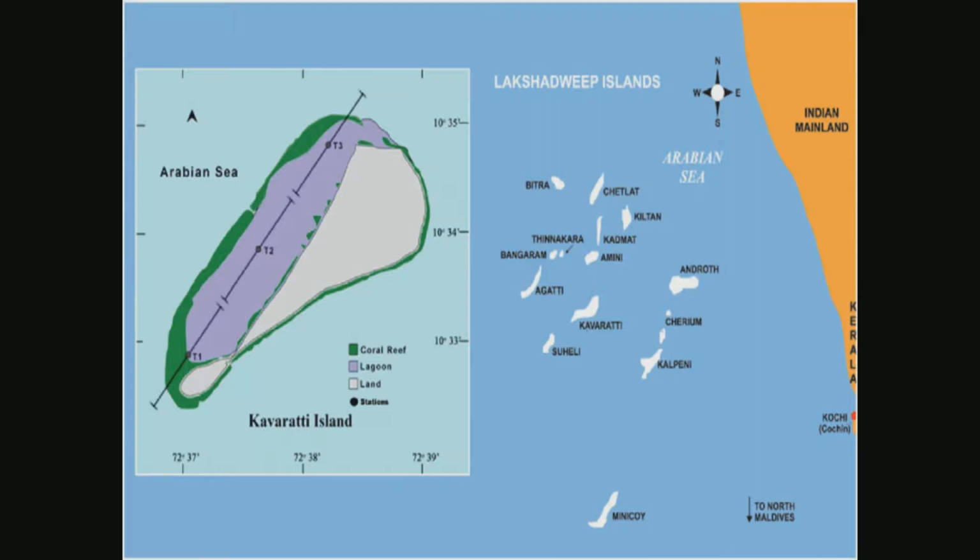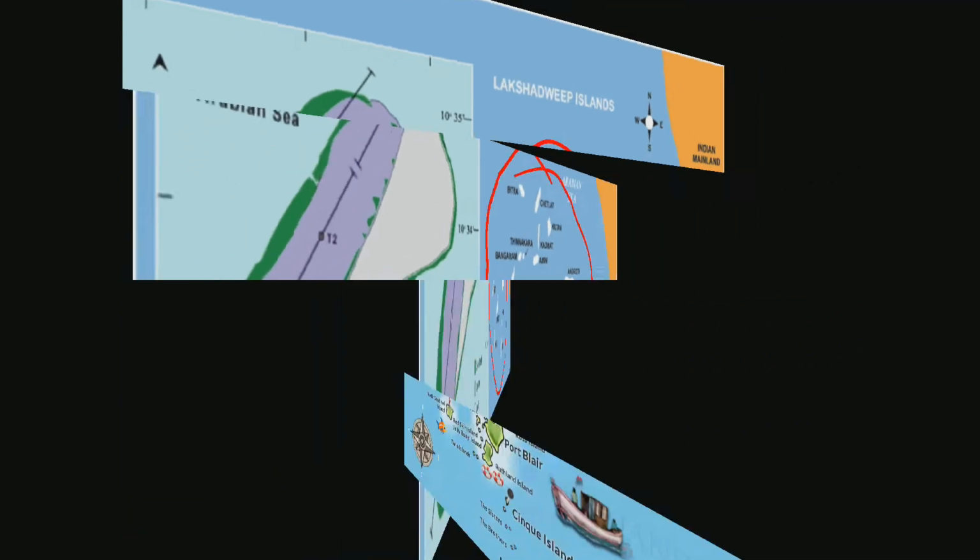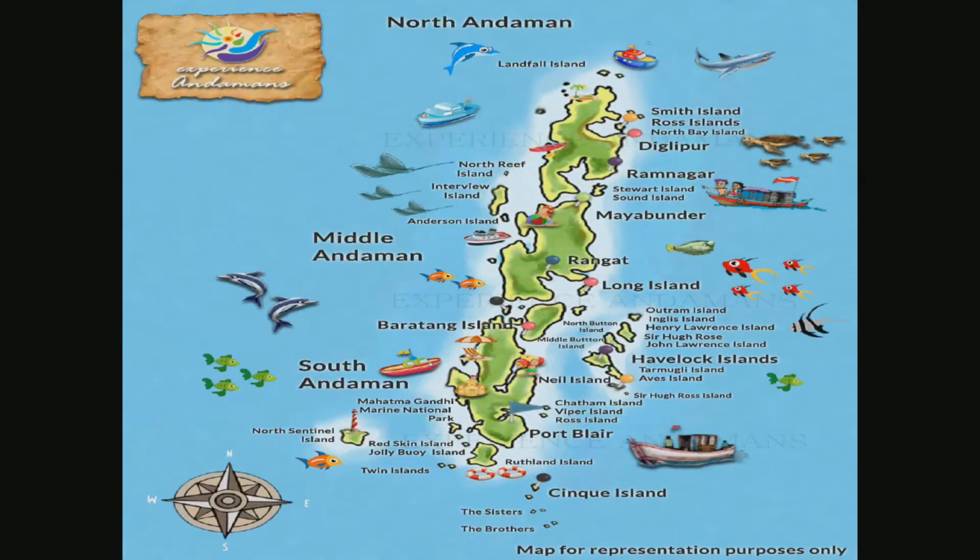It covers a small area of 32 square kilometers. These are the small islands.